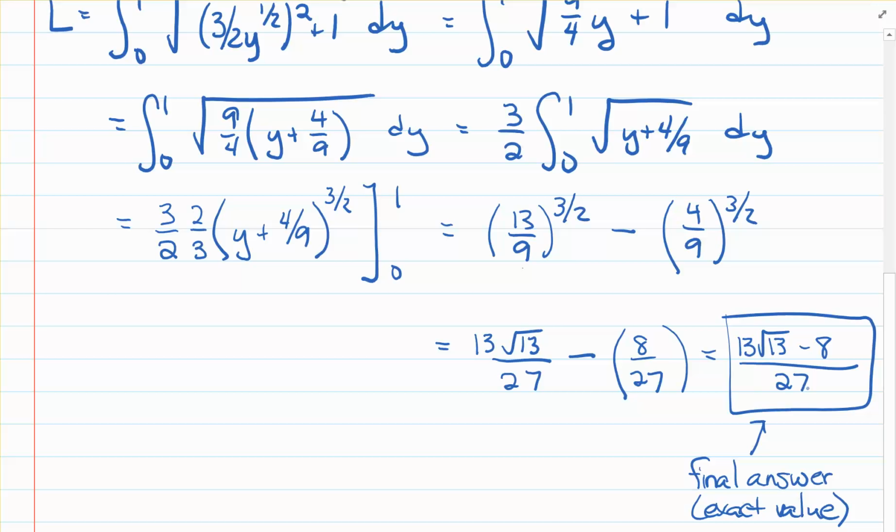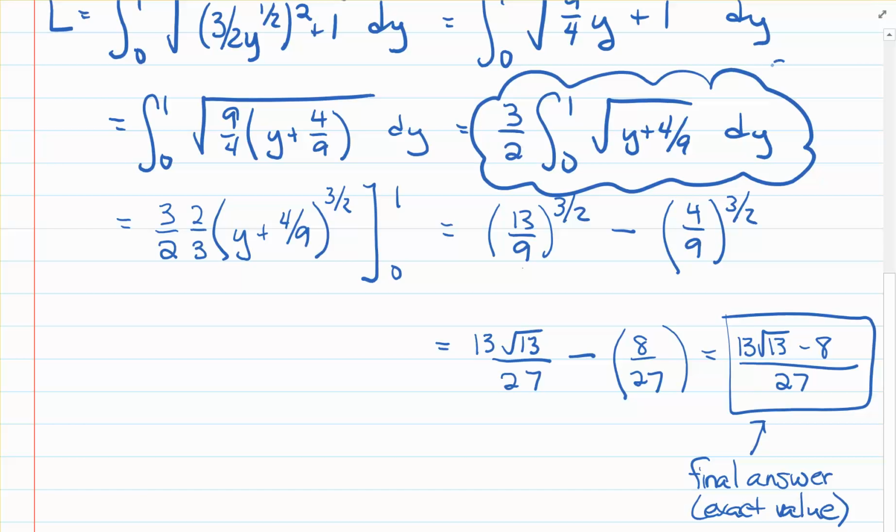If I gave you this answer up here, we would say this is set up the integral, because for whatever reason you might be asked to set up the integral and not solve.